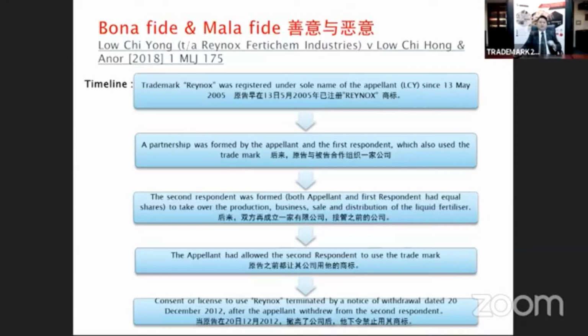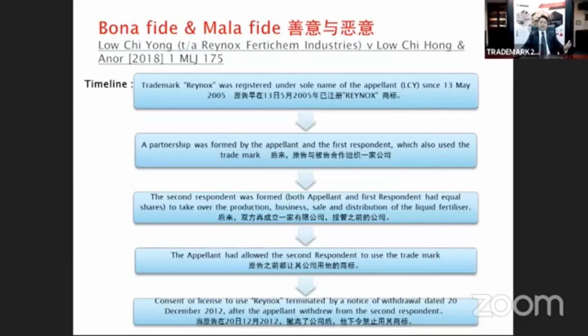And then a partnership was formed between the appellant and the first respondent. That means Lo Chi Yong and Lo Chi Hong eventually formed a business partnership, to run some business, okay? And then the partnership evolved and they formed a Sendirian Berhad, a limited share company in Malaysia.